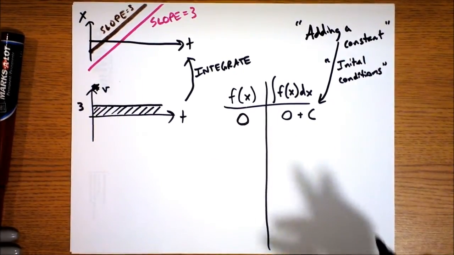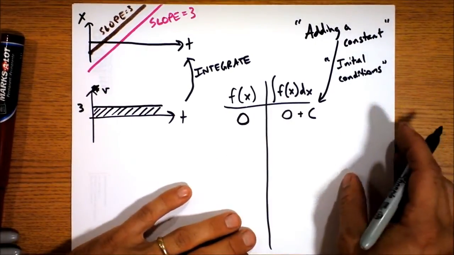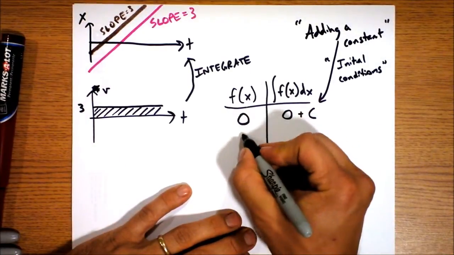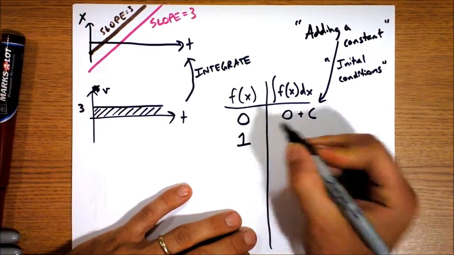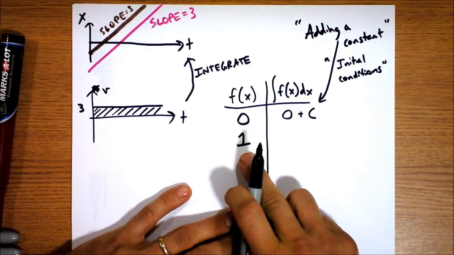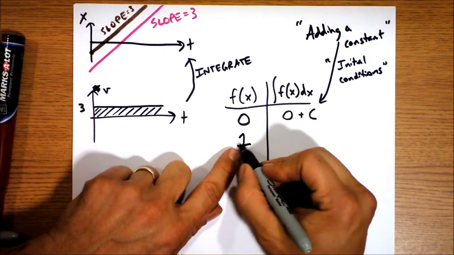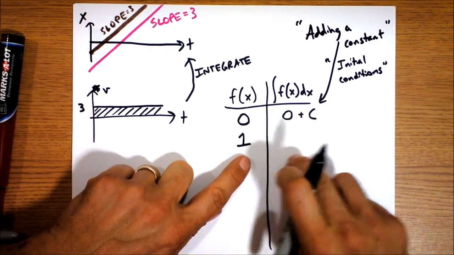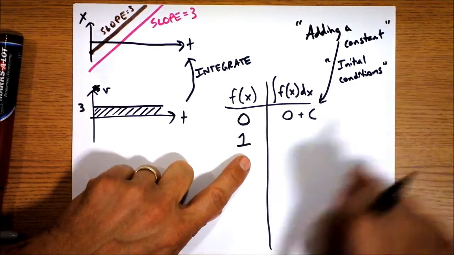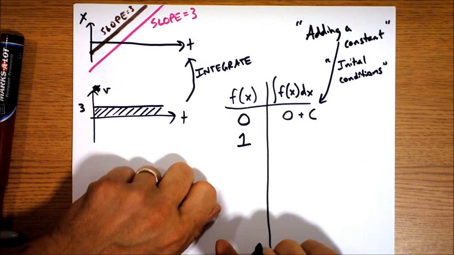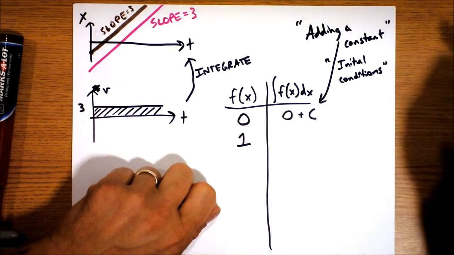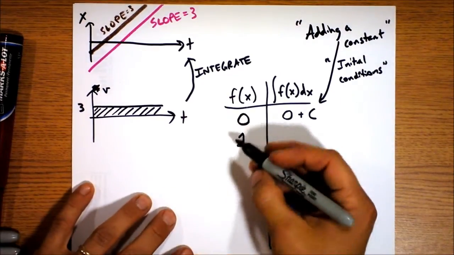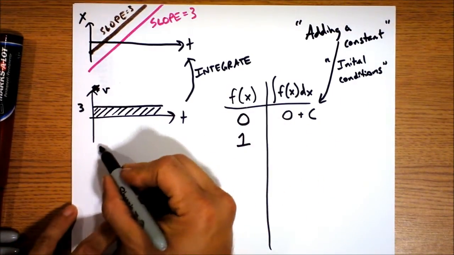So the next thing that might be fun to integrate would be the function 1. What if I had a function that was 1 the whole time? So every time I go over in x by 1, I want to add 1 to my function. I'll see if I can give you an example of this over here.